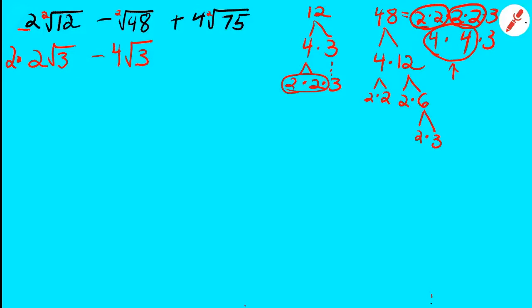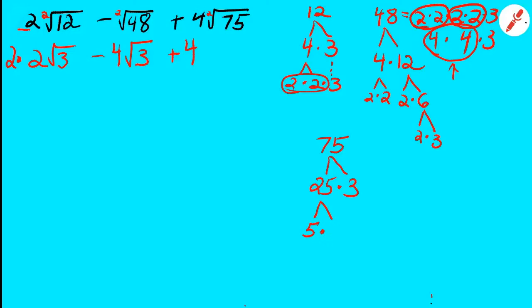Whew. Now I only have one more to go. I'll have plus 4 times the square root of 75. So let's investigate 75. 75 equals 25 times 3, and you probably already know that 25 is a perfect square.